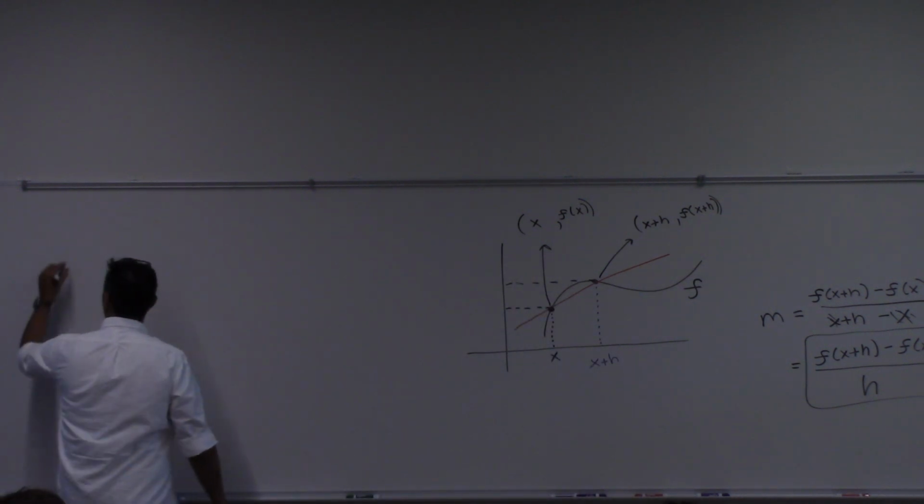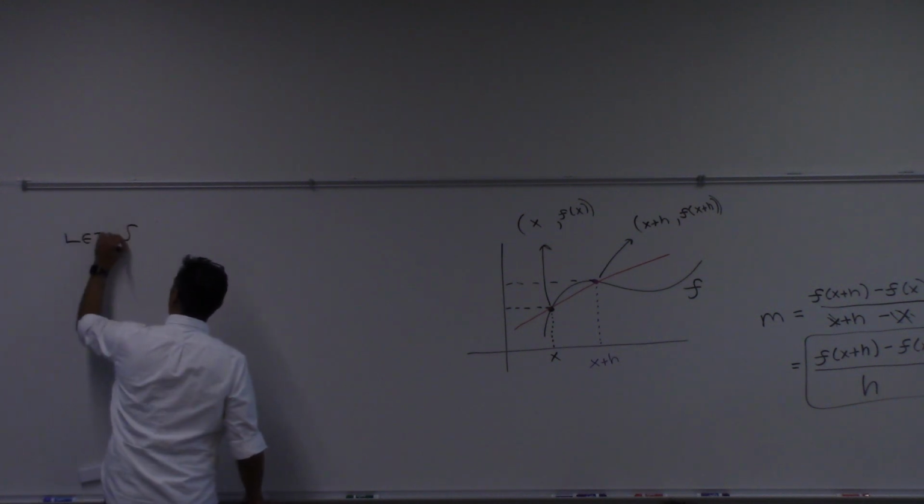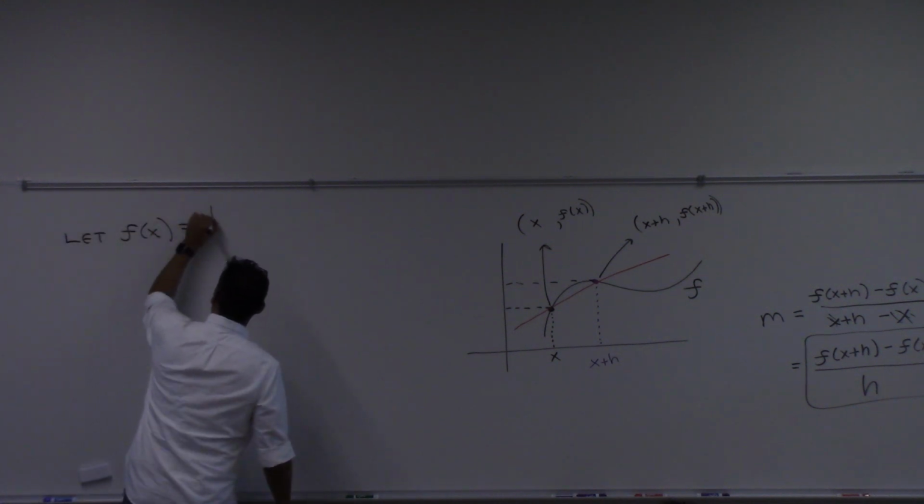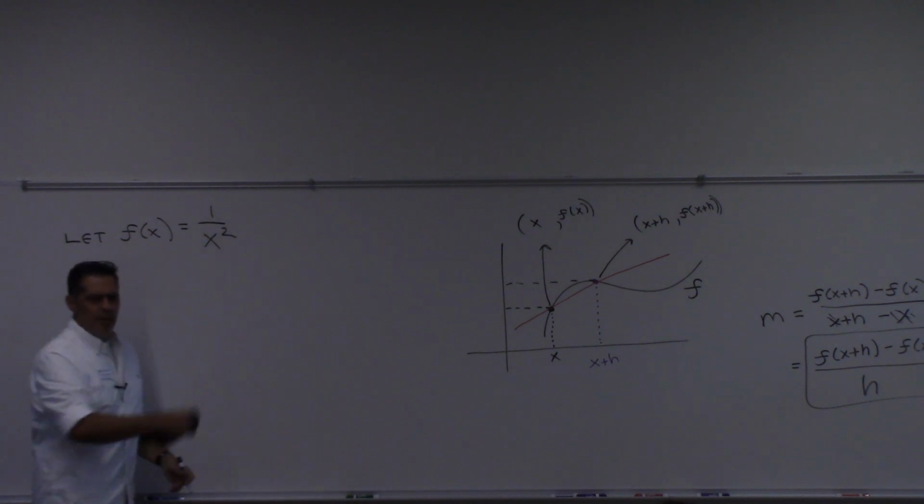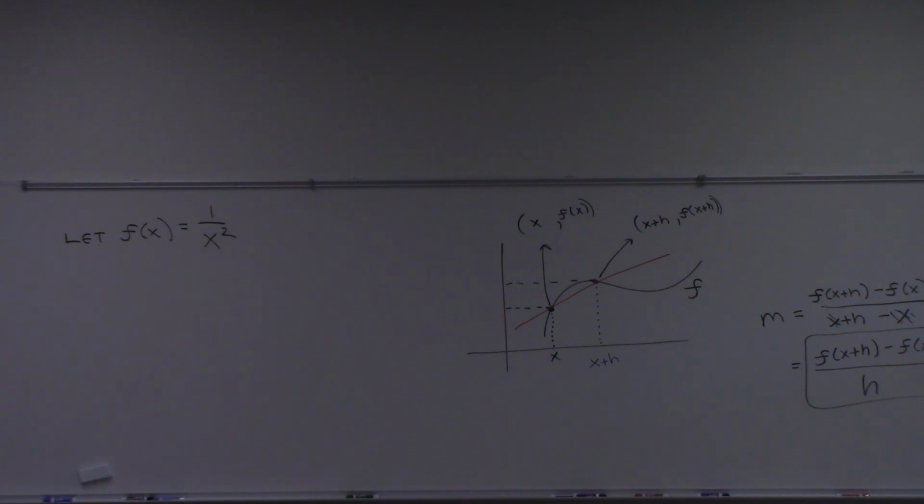What if I give you this function? Let the function we're talking about be the function 1 over x squared. I'm just making this up. I'm going to graph it for you so you can see it. I'm going to graph it on Desmos. Have y'all heard of Desmos?